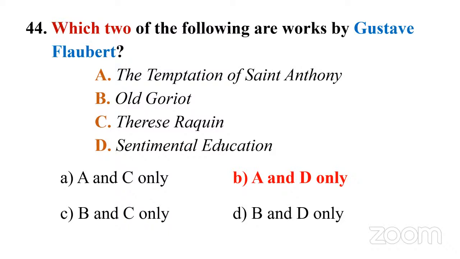So what we can infer from this question is that whenever we come across a classic writer like Gustave Flaubert, or Leo Tolstoy or Dostoevsky, we have to go through not only their famous work, but also some obscure works too. So that's how this question is set.